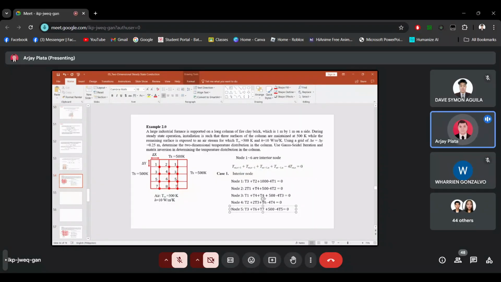So next we have node 6. Node 6 is here. So we have 2T5 plus T4 plus T8 minus 4T6.